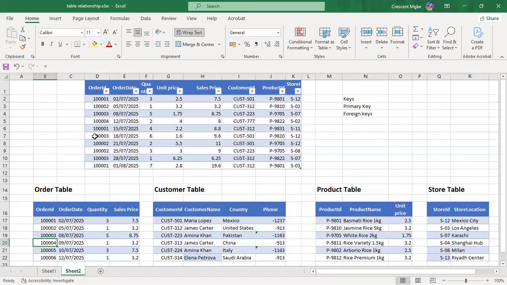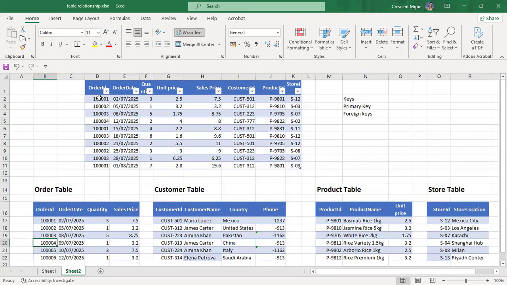Just try to understand it, but don't worry. With time, you're going to get familiar with all of it. So foreign keys are keys in a table that are used to identify the primary keys in another table.